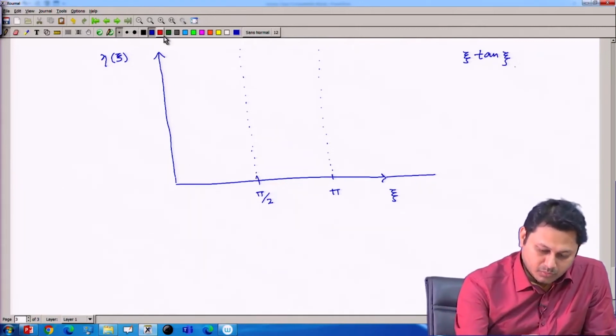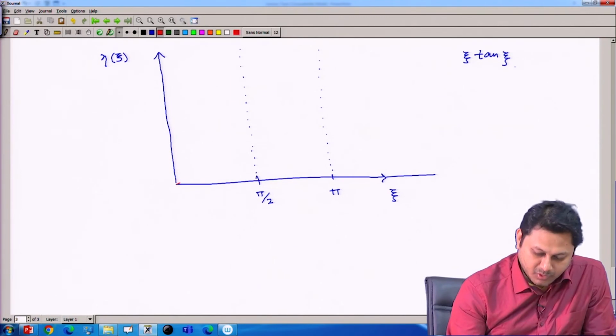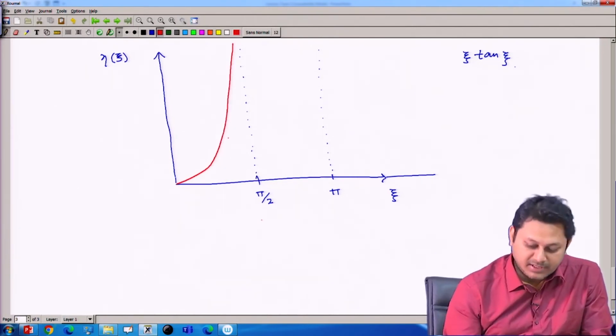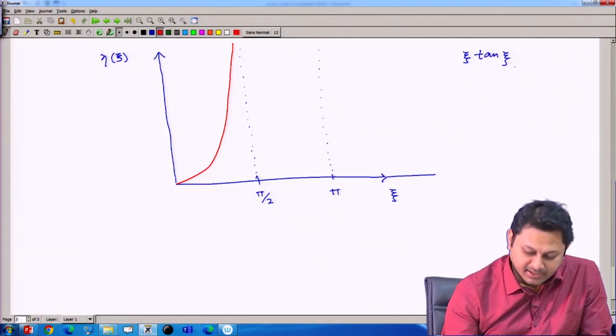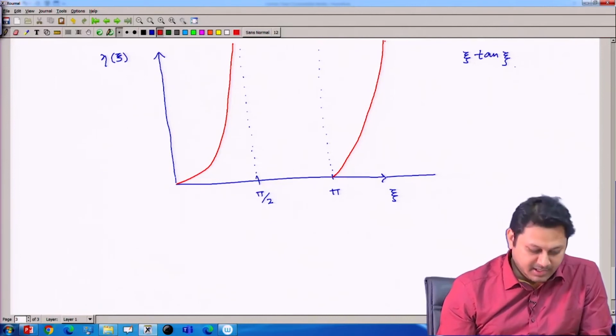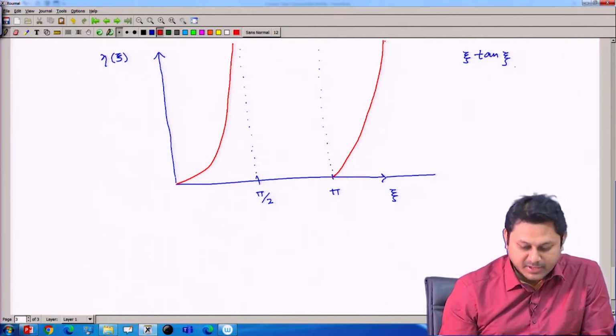The plot should be something like this. It goes to infinity at pi by 2. Again here I can have another branch like this, and again here I should have another branch like this.